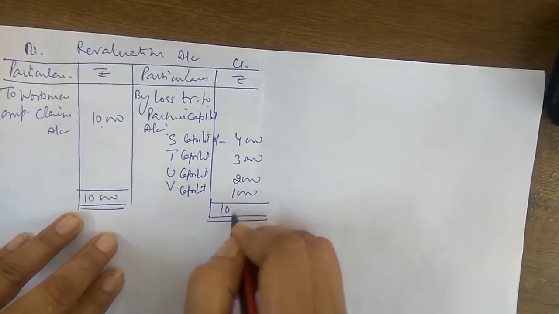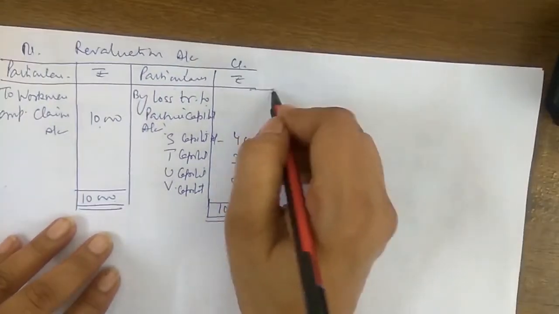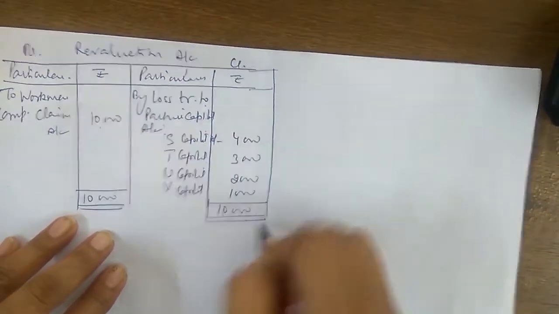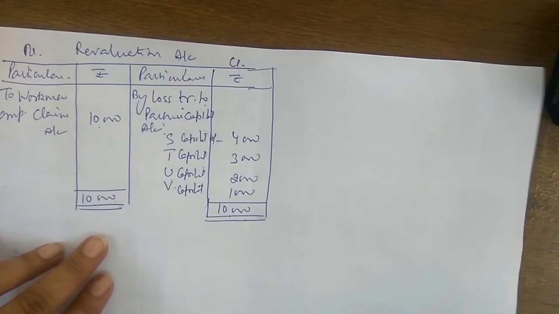So total of both the sides will be equal now. Clear बच्चे? This is revaluation account we have prepared.